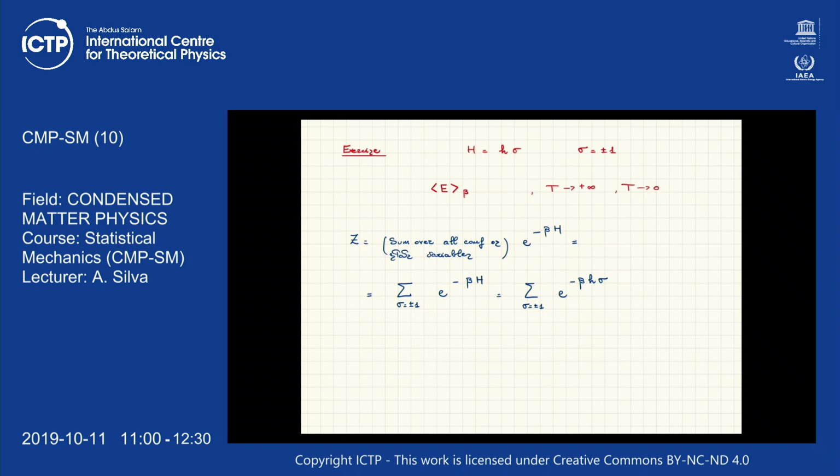But now you all know what this sum is. This is e to the beta h sigma plus e to the minus beta h sigma, or in other words, is equal to 2 cosine hyperbolic of beta h. Clear?